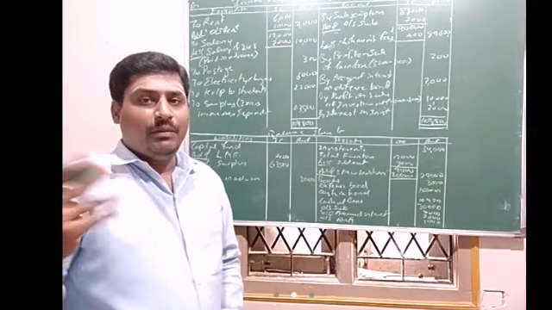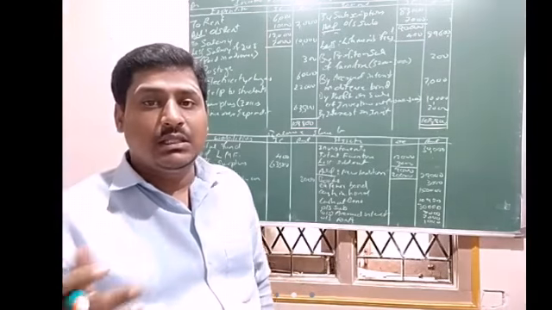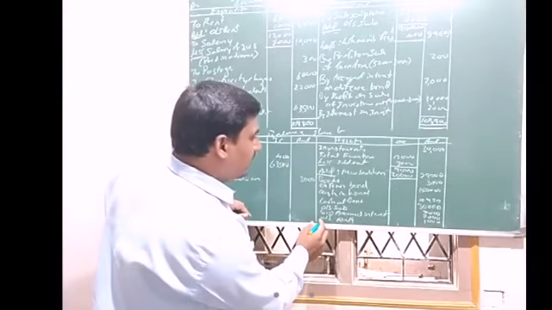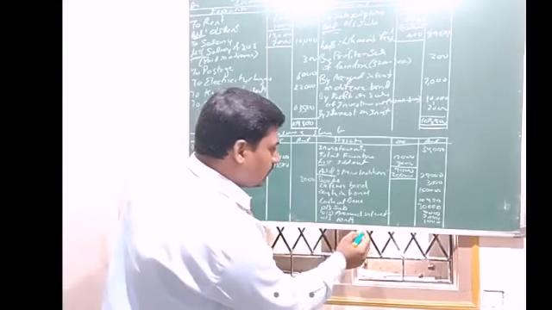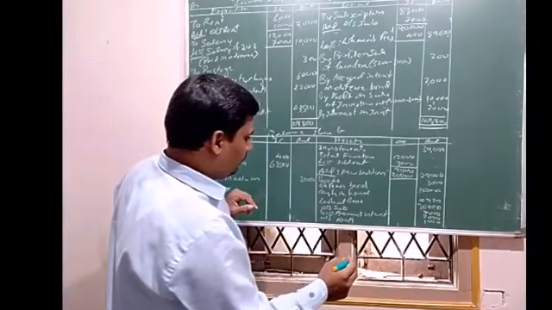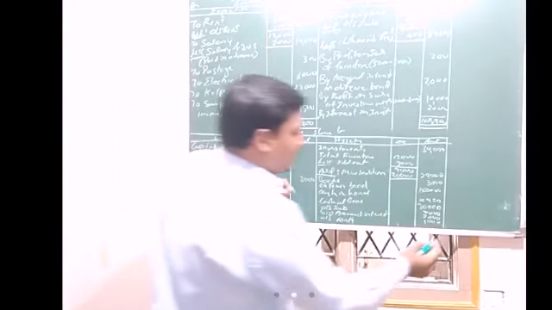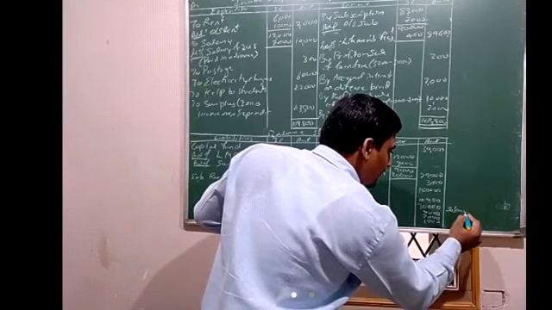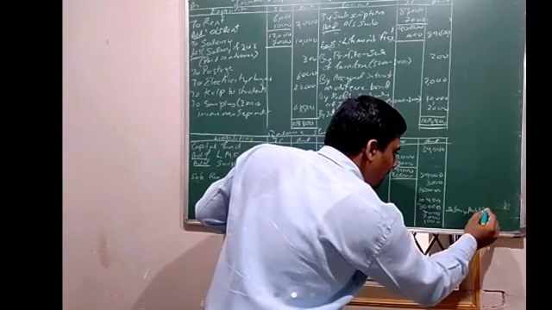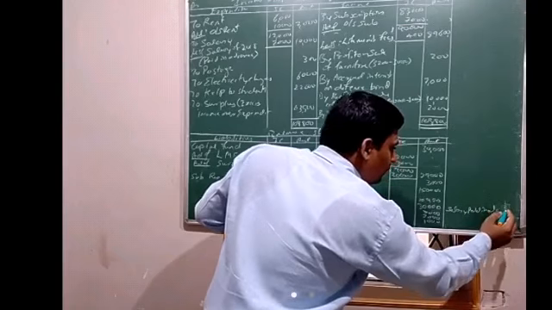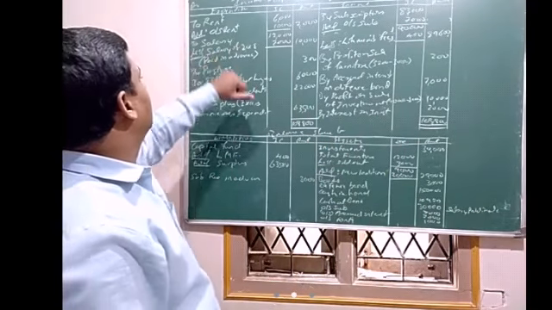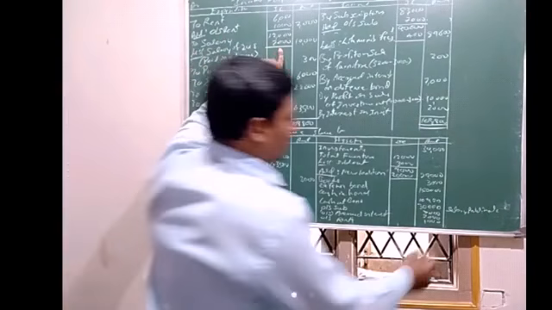When we pay any expense in advance, it becomes an asset. So that will come here. I'll mention here, just note it down: salary paid in advance, 2,000.